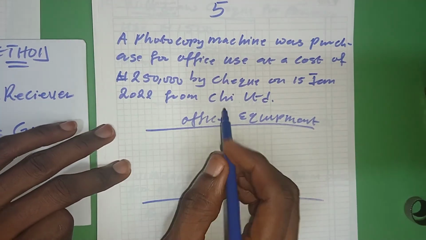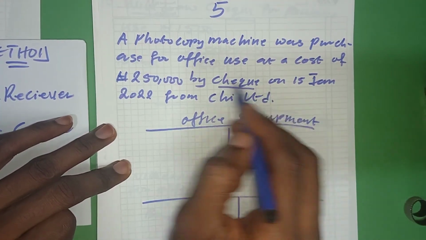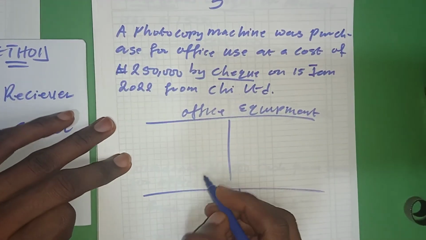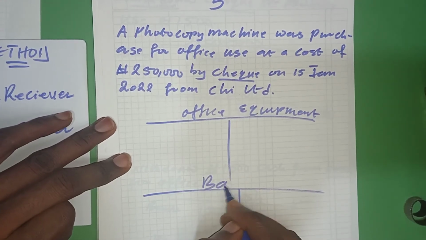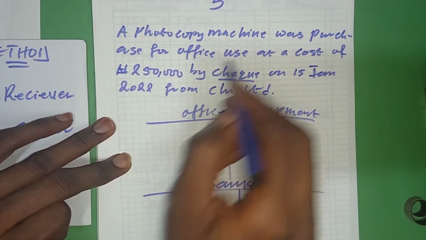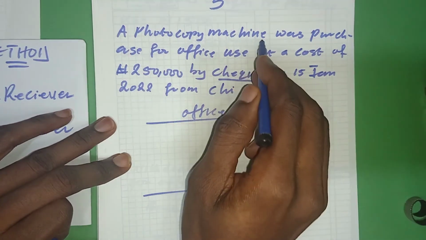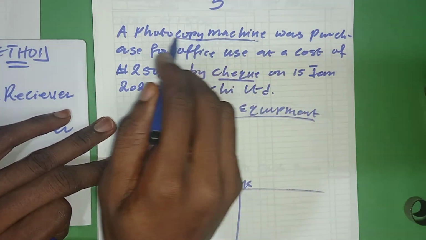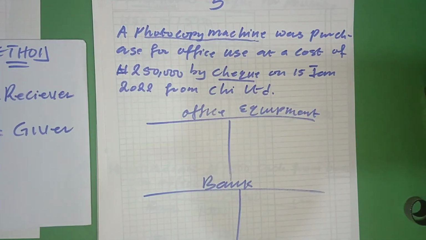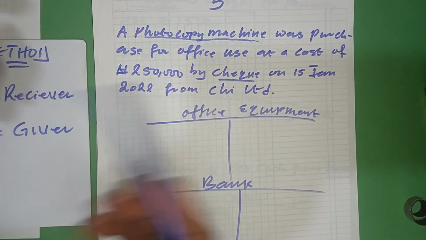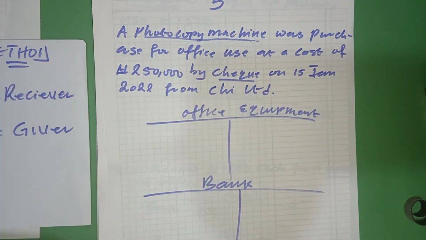Office equipment, and the second is what? Bank. If you put photocopy machine, you are not wrong, but photocopy is under office equipment. That is why I'm putting office equipment.